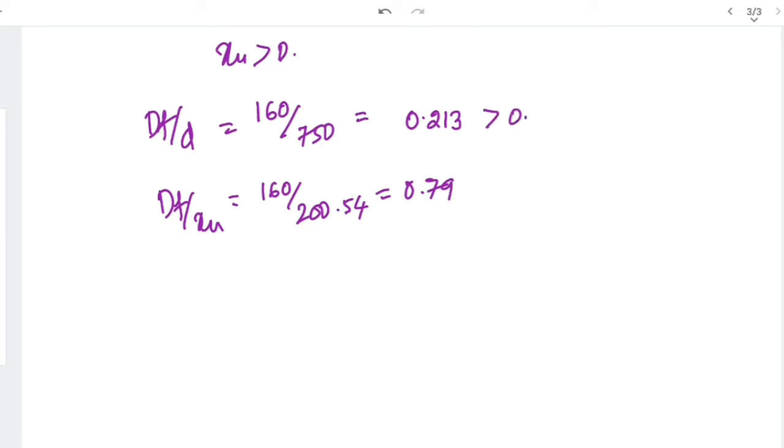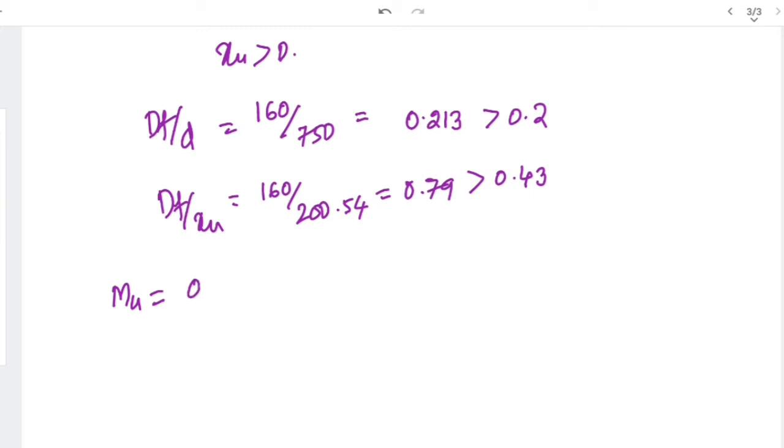Both values are above the limit values, that is, this is greater than 0.2 and this one is greater than 0.79. So this comes under the fourth case, and the moment will be calculated using the equation. If you didn't get exactly what the cases are, just go through the previous videos, where we have discussed the flowchart for analysis of T-beam.